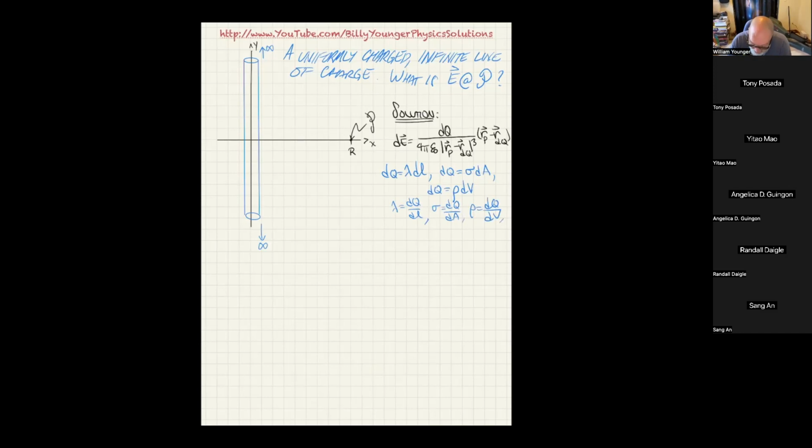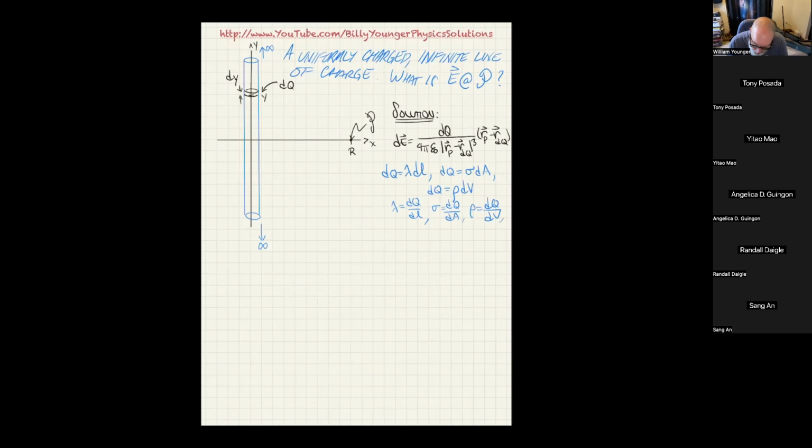So in this case, I'm going to imagine there's a little bit of charge right here. And that little bit of charge is what I call dq. I'm going to say the length of that little disk, if you will, is a length dy, because it happens to be parallel to the y-axis. And in fact, it happens to be up at a point y.